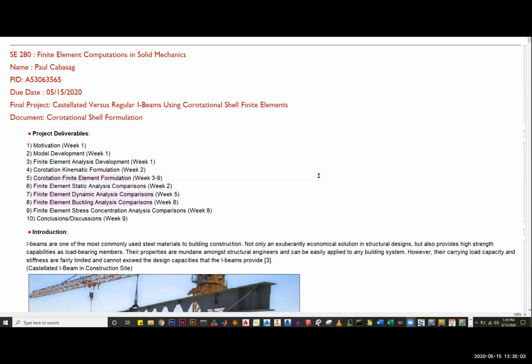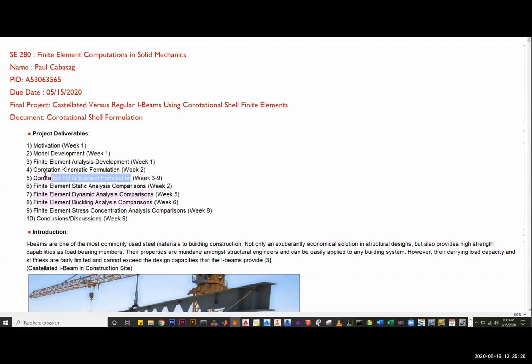If you guys remember, I'm doing a corotational shell formulation, and I'm comparing the castellated and regular I-beams. Last time, a few weeks ago, I was doing the kinematic formulation, but I omitted the finite element formulation.